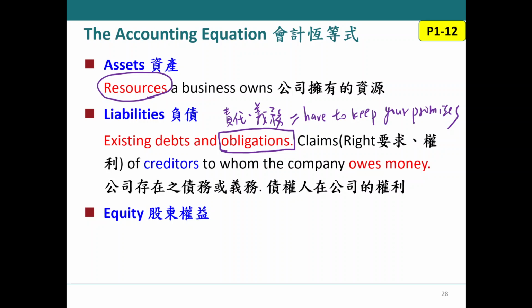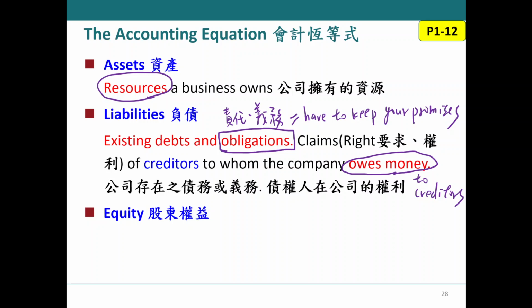So you owe money to creditors. So that's liabilities. Don't forget, you owe someone something. That's why you have the obligation, you have the liabilities. In the future, you have to do something to keep your promises.